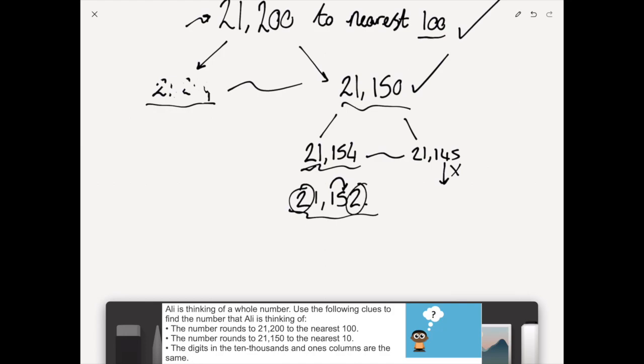Thousands, that's my ones. So yeah, the answer, hopefully, that you got. Again, very tricky one. So if you didn't, it's not the end of the world, okay? You're going to get much easier questions when it comes to rounding than this one. 21,152 is the answer. That's how it made me feel getting it.